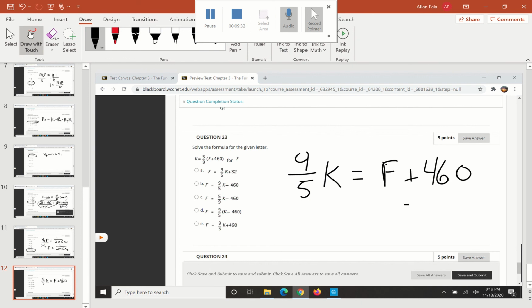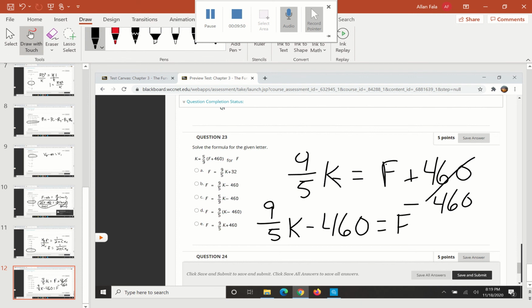Now we subtract 460 from both sides, cancels out. So 9/5 K minus 460 equals F. That is that answer right there.